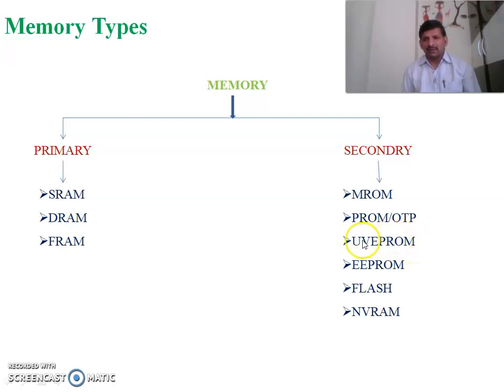The disadvantage of this UV EPROM is that it is somewhat difficult to remove the chip from the memory device, expose it to UV rays for up to 20 minutes, and insert it again. Removing, exposing and placing again is a somewhat complex process if you want to erase the data. To avoid that, they designed the electrically erasable programmable read-only memory.